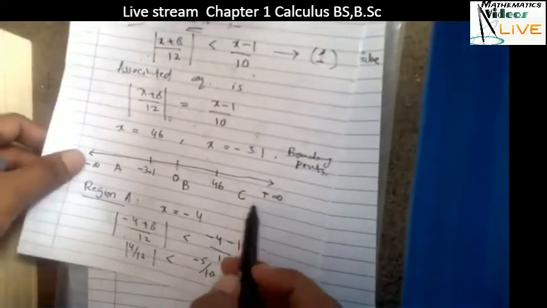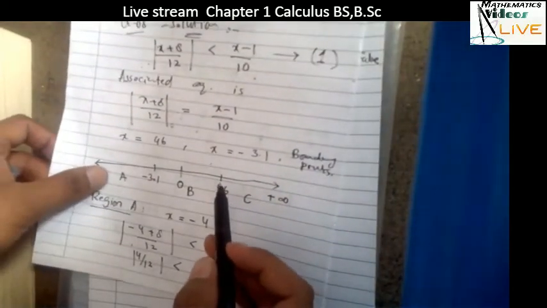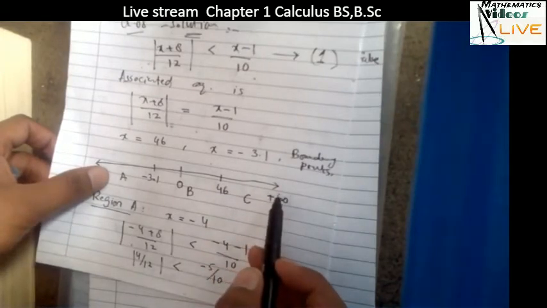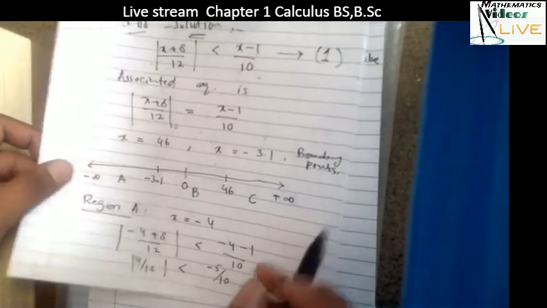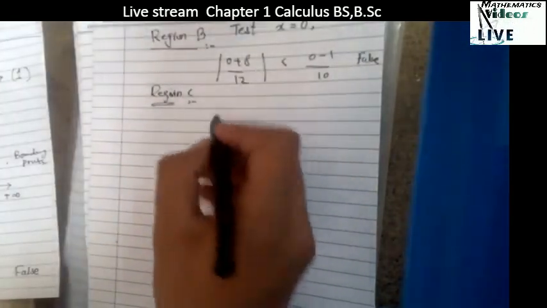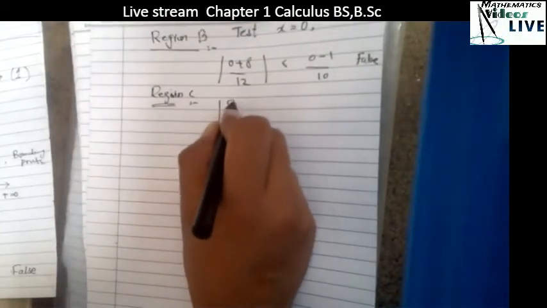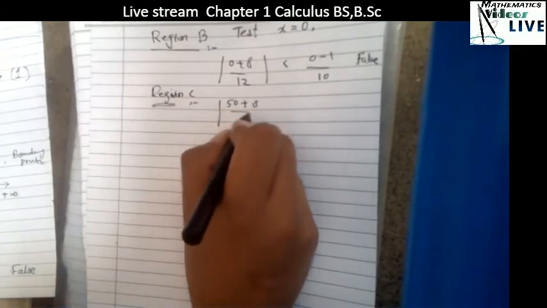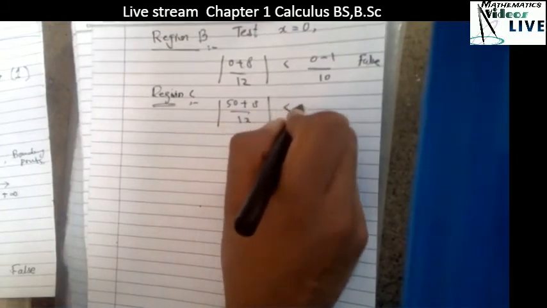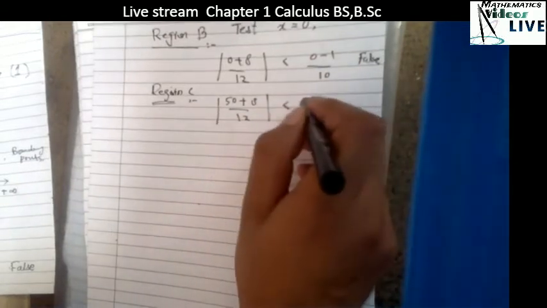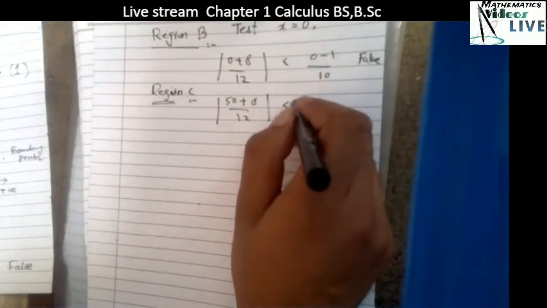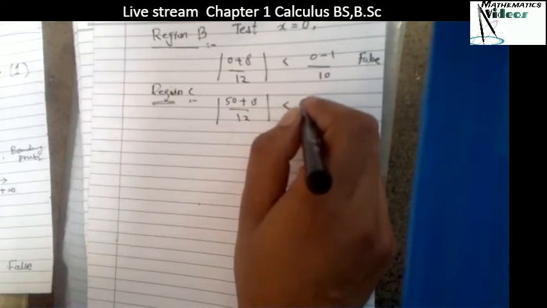Test x is equal to 0. When you put it in the given inequality, you get 0 plus 8 divided by 12 less than 0 minus 1 divided by 10. This is again a positive number, and this is a negative number, therefore it is also false, and this region is not in the solution.